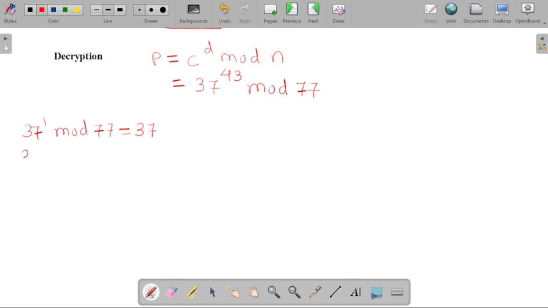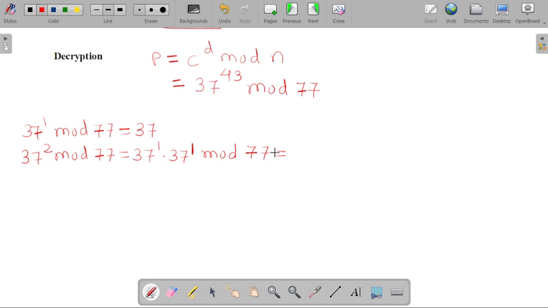Now we have to calculate it for 37 raised to 2 mod 77. So 37 raised to 2 is nothing but 37 raised to 1 into 37 raised to 1 mod 77, so 37 into 37 mod 77.